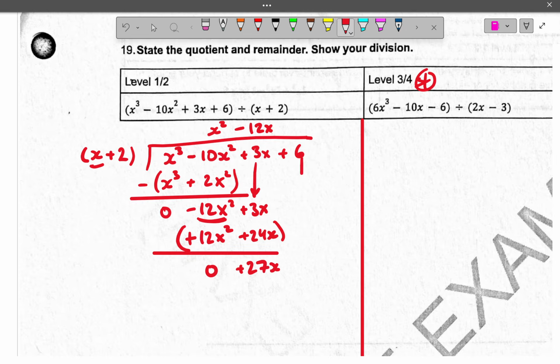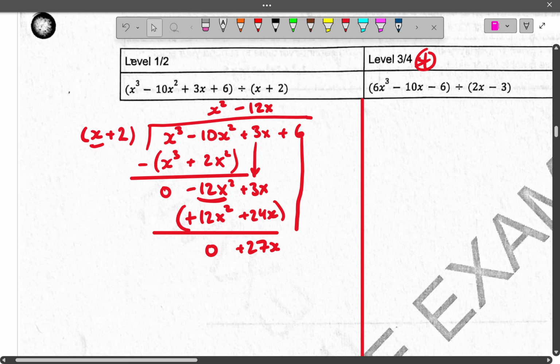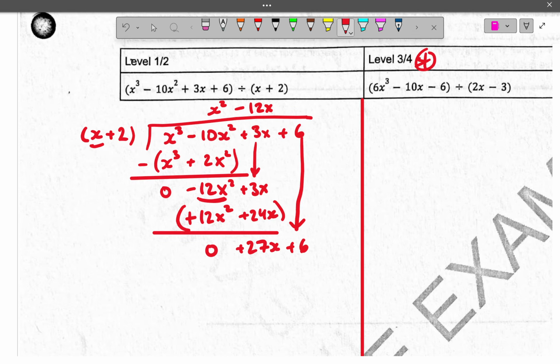Then the last step is pulling down the 6. And then I'm missing a 27, because 27 times x gives me 27x, and 27 times 2 would be 54. And then 54 will go here.